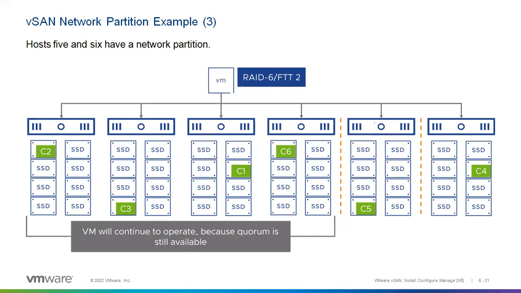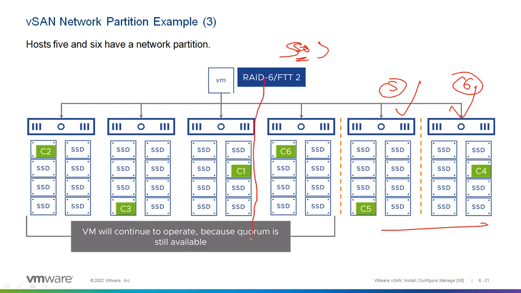So if we talk about RAID 6 FTT2, what happens? Hosts 5 and 6 have a network partition. Am I okay? Is my data still reachable? The answer is yes, because again there are more than 50% live. Out of 6, 2 are gone, but my 4 nodes are still okay.